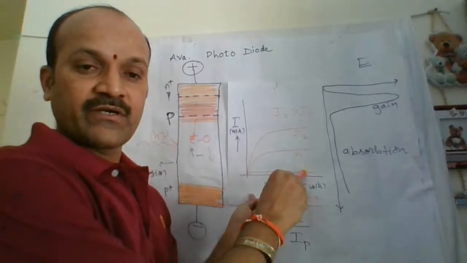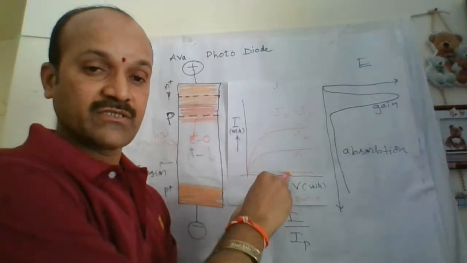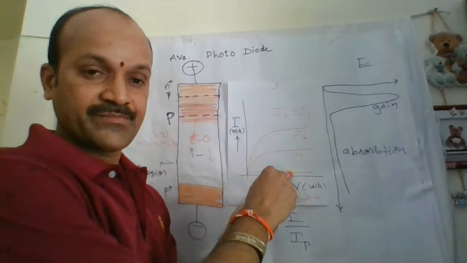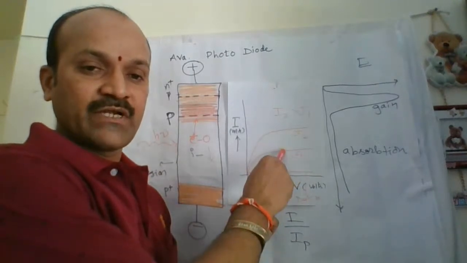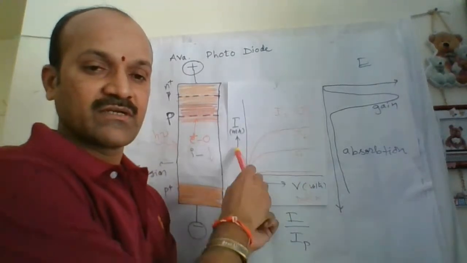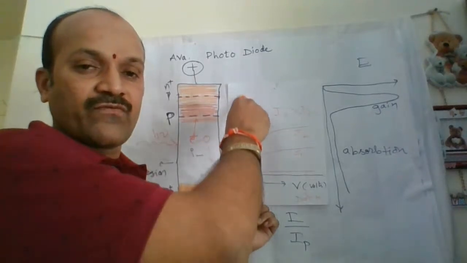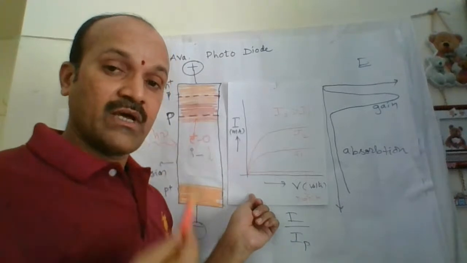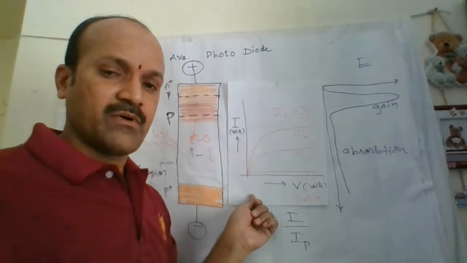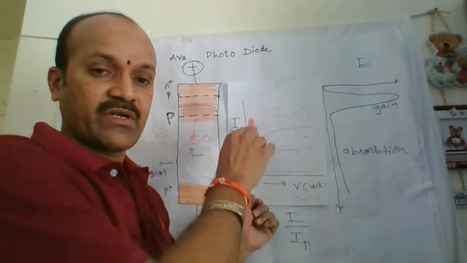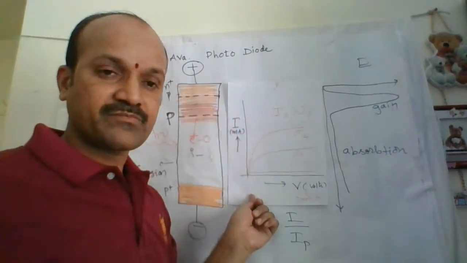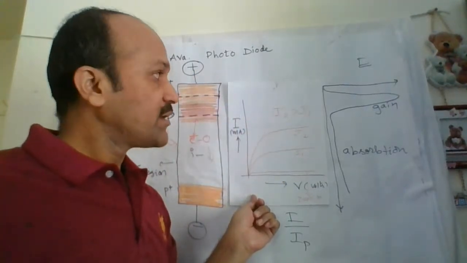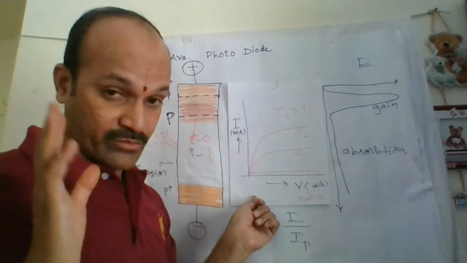This magnitude of current is due to that minority charge carriers, dark current. When light is made to incident, as you increase the intensity, this flow of electricity in the circuit increases because more number of electron hole pairs will be generated. Right? Understood. This is what is happening in PIN diode.